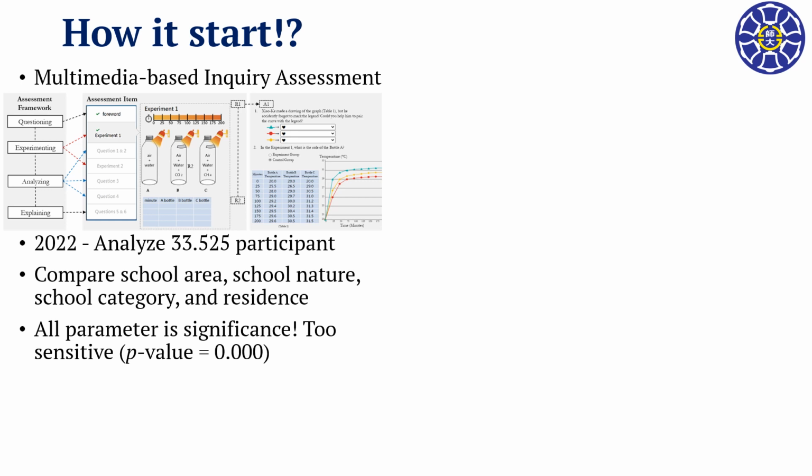School area is significant, school nature is significant, school category is significant, and resident is also significant. So I said, oh, maybe something is wrong here. Although all of them were significant, I was not satisfied with the data itself.